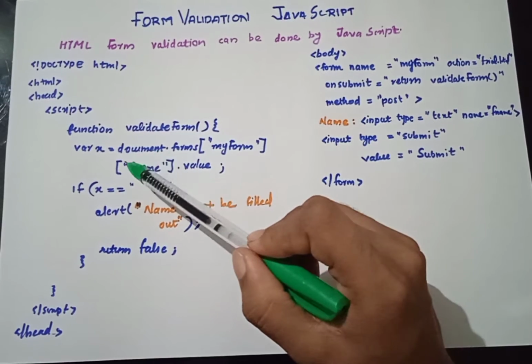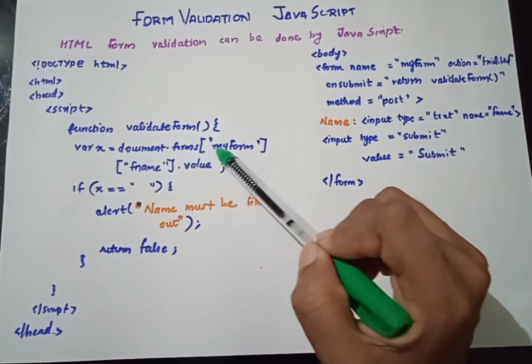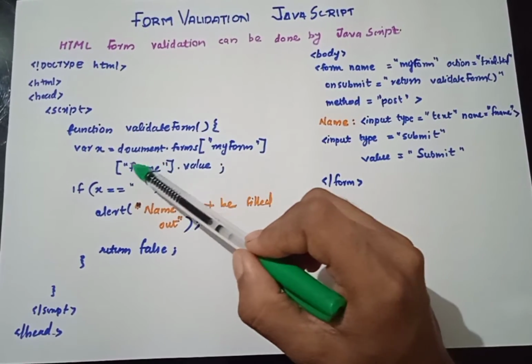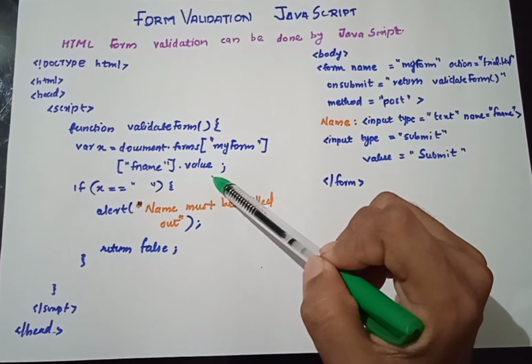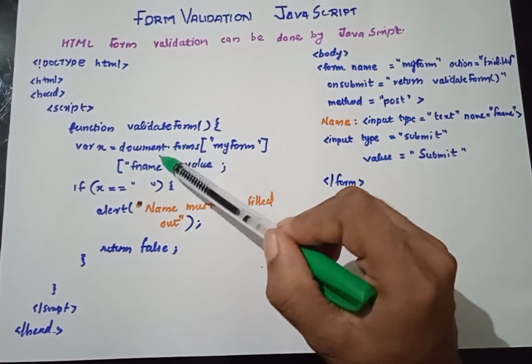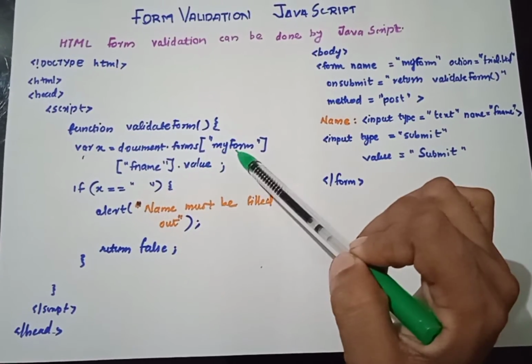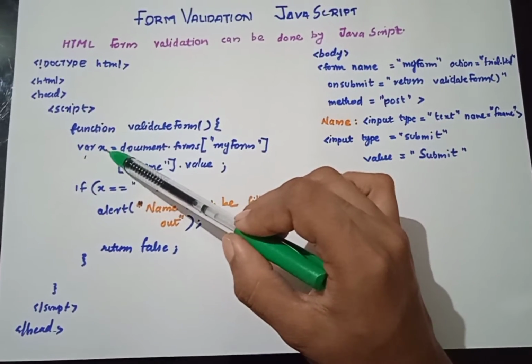So we defined variable x as document.forms, giving the form name as myForm, and its fname, that is the form name, dot value. So here what we are doing is just storing this fname from the myForm into the variable x.